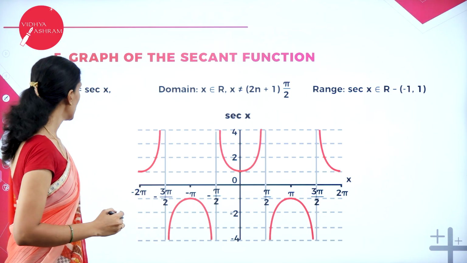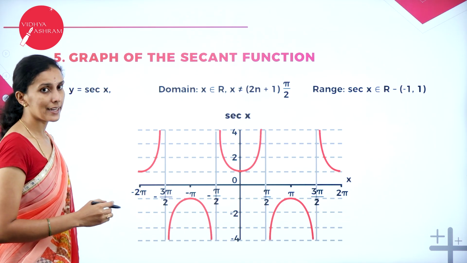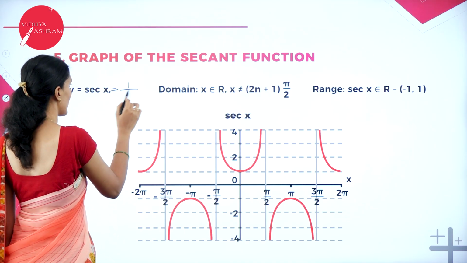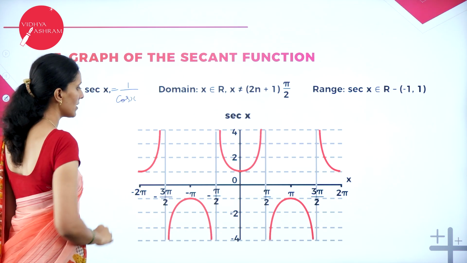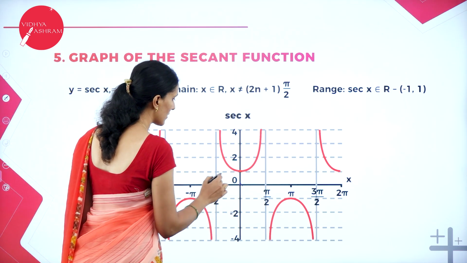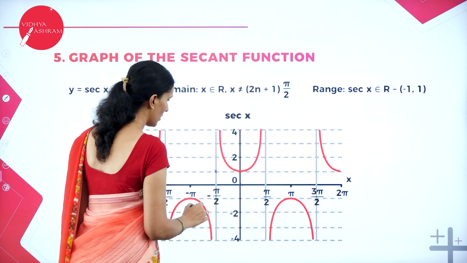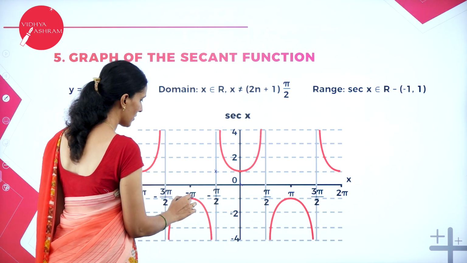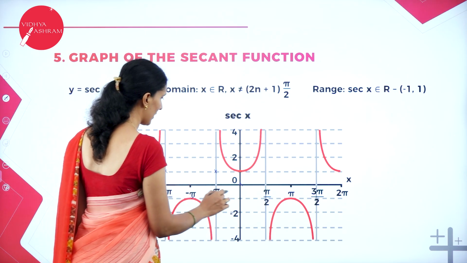Now coming to the secant function, you can say secant is nothing but the reciprocal of cos x. So your cos x graph is like this. Cos 0 is 1, cos pi by 2 is 0, cos pi is minus 1. So it goes like this.